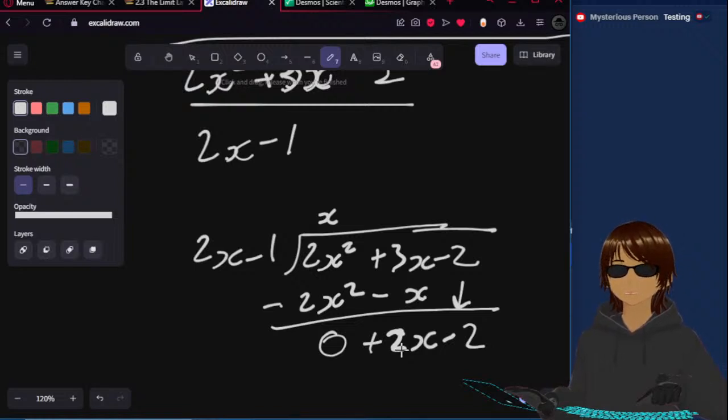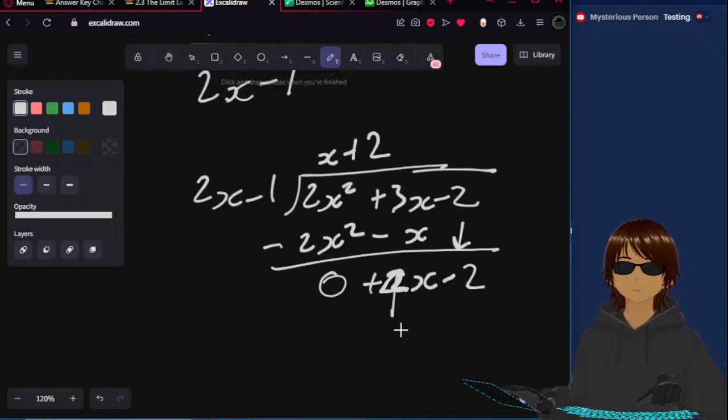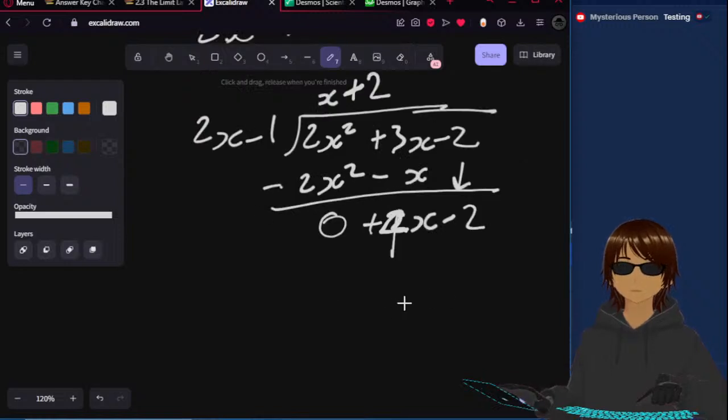Okay. Ratio 8. No. This becomes 4. And then plus 2. Then this will be 4x 0.